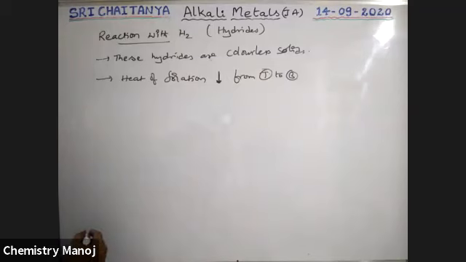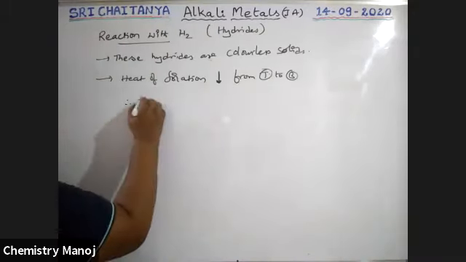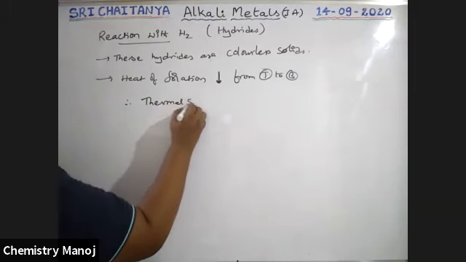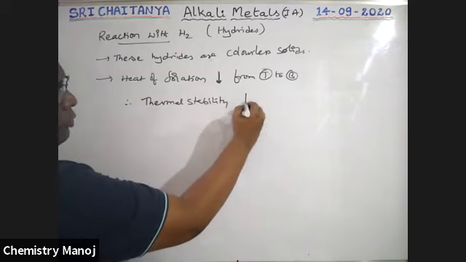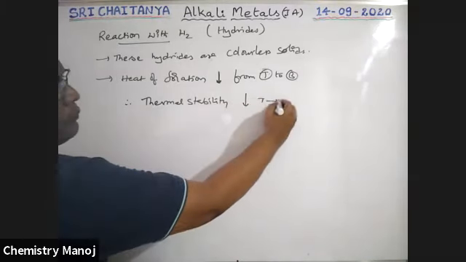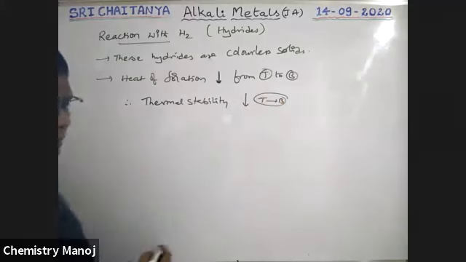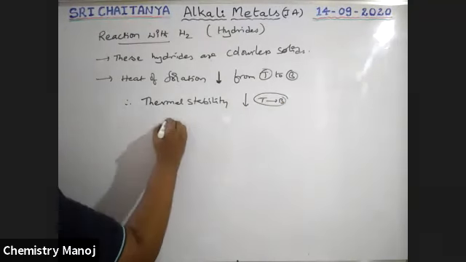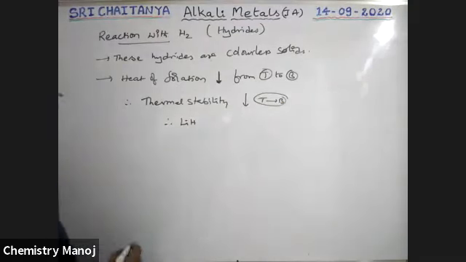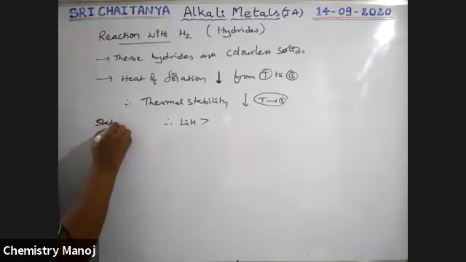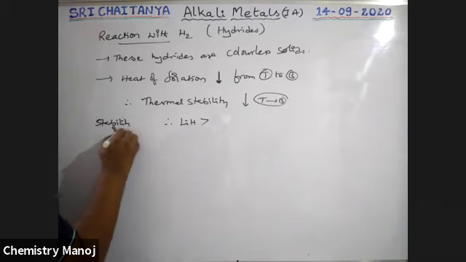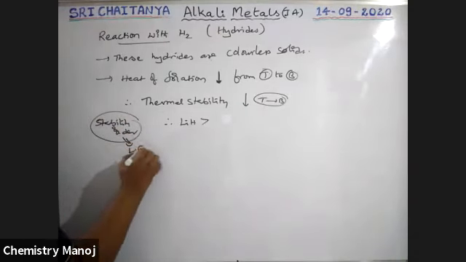So the heat of formation, and therefore the thermal stability, decreases from top to bottom. Therefore LiH is the most stable in the stability order. It is with respect to lattice energy.